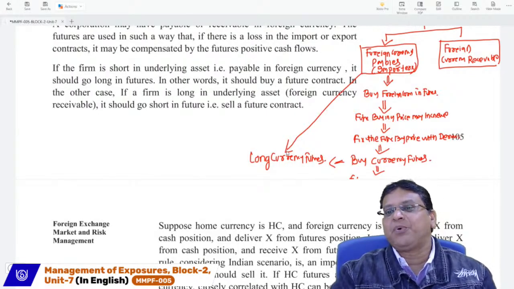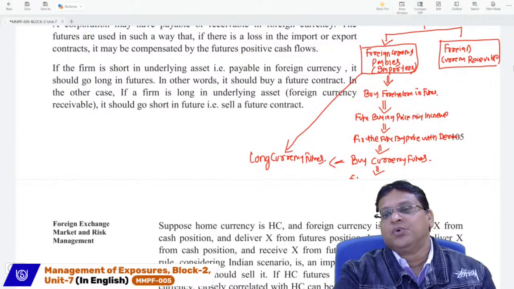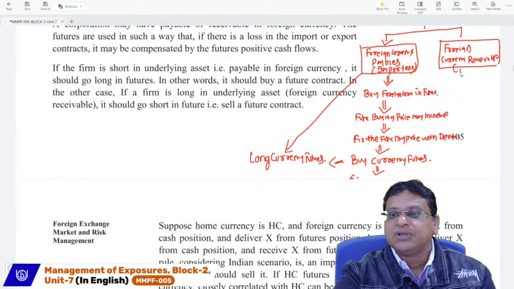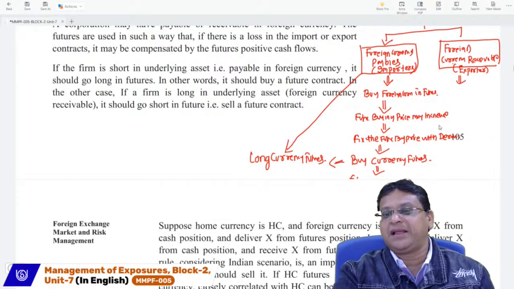Next, if you have foreign currency receivable, who has foreign currency receivable? Receivable means you have to receive foreign currency in future, that is exporter. When they will receive foreign currency in future, what they will do? They will sell it in the market.